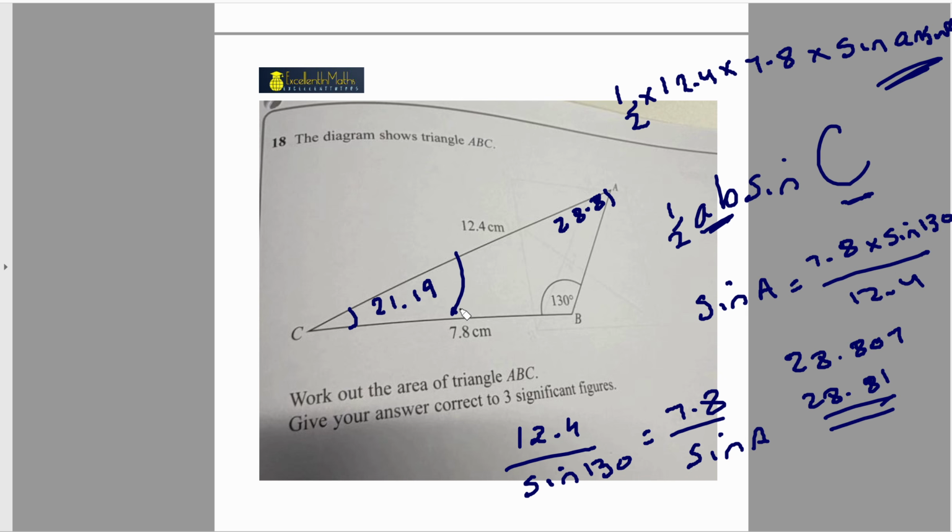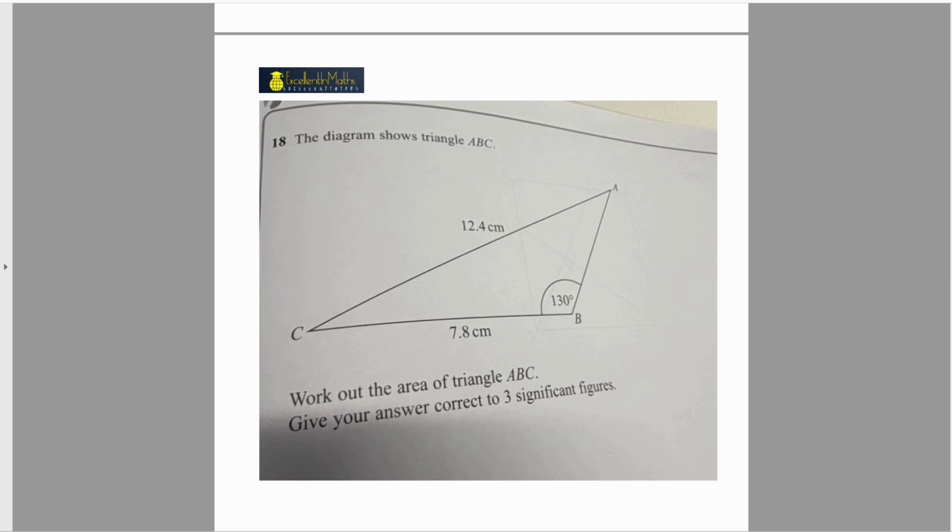So I'm going to say sine of the answer times 7.8 times 12.4 times 0.5, or half, which is going to give me 17.48. He wanted it to three significant figures, so it's going to be 17.5. So the final answer is 17.5.